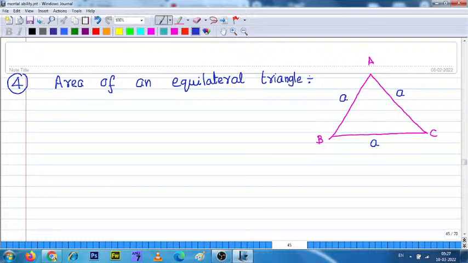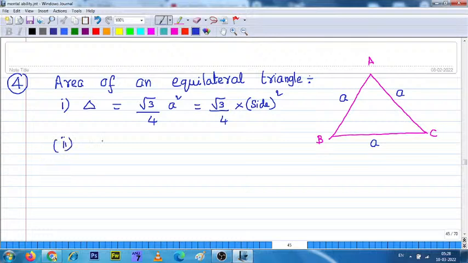See, the area of the equilateral triangle, area delta, is given by the formula: first point, root 3 by 4 times a square. This can be written as root 3 by 4 times side square, where side is the side of the given equilateral triangle. Next, second point, altitude or height. For example, you draw this perpendicular. This is called altitude, say h.